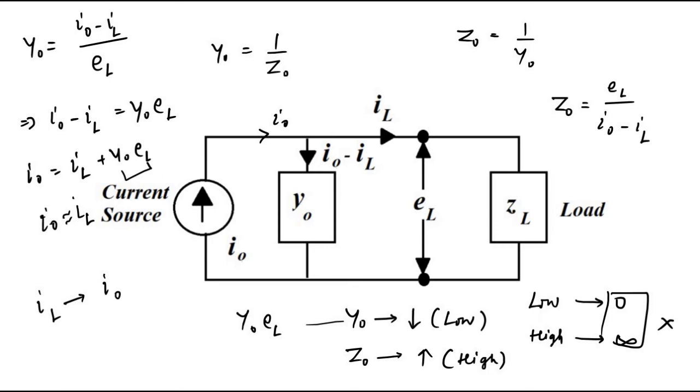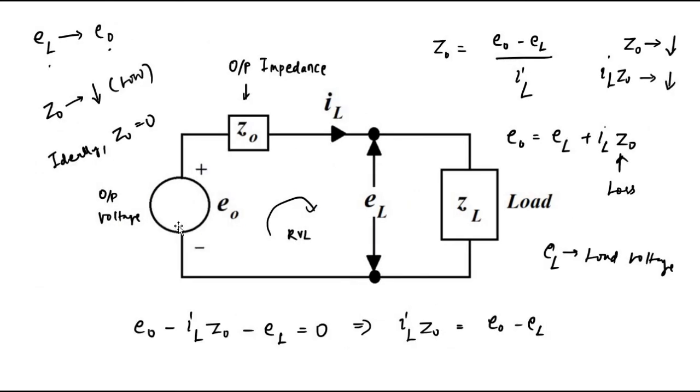So when it comes to output impedance and admittance, output impedance should be low when it comes to voltage sources.